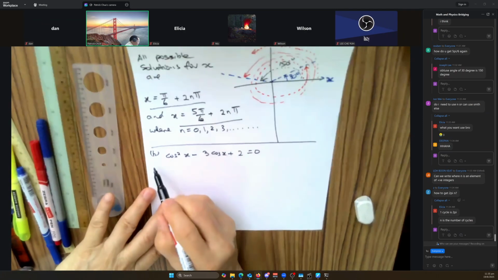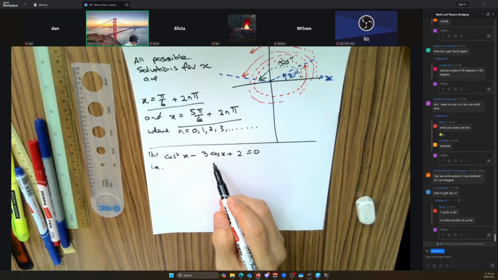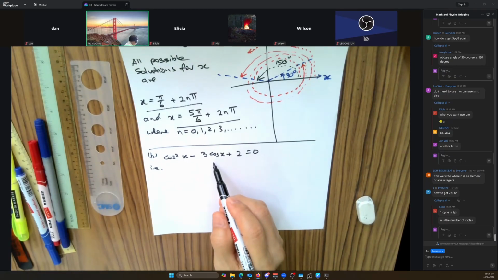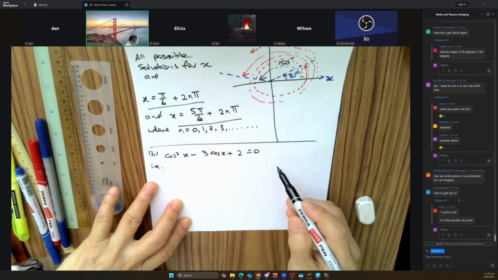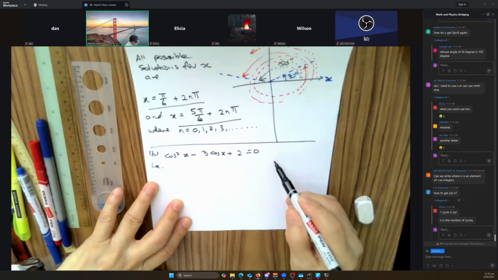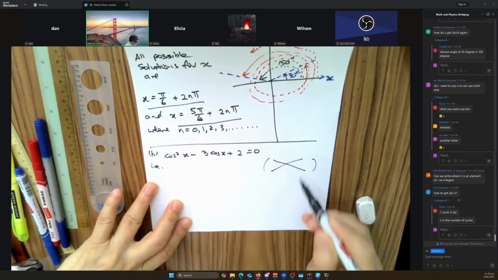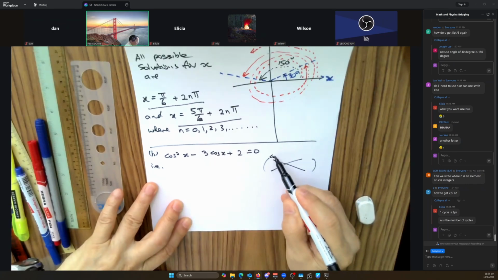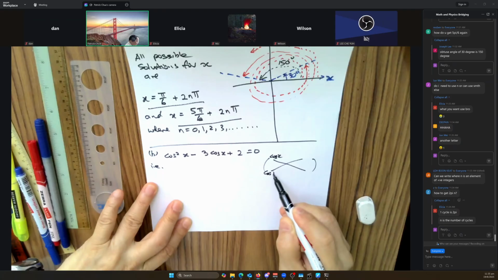Okay, so you rearrange. Or in fact, if you don't rearrange, that also works. You can factorize this. You can try to factorize it using the bow tie method. I will just cut it short using the bow tie method. Okay, here is cos square x. So we can put cos x and cos x.